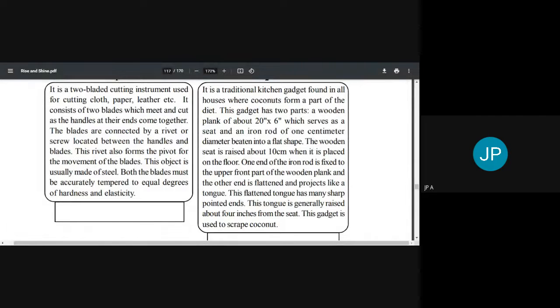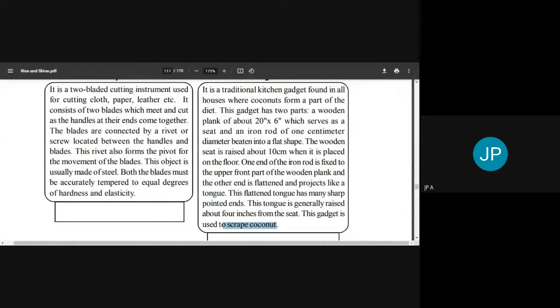The clue is there in the last sentence. Exactly, yes.